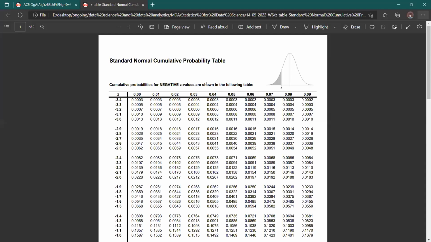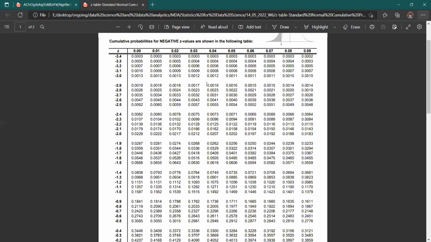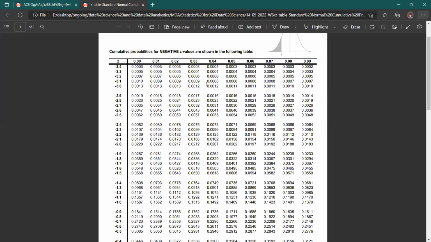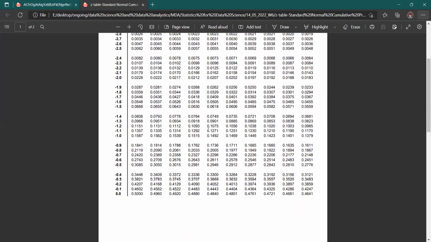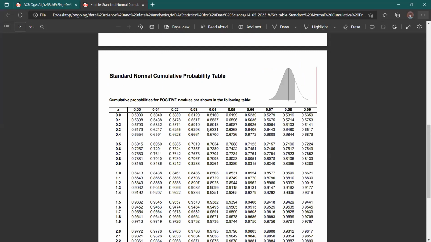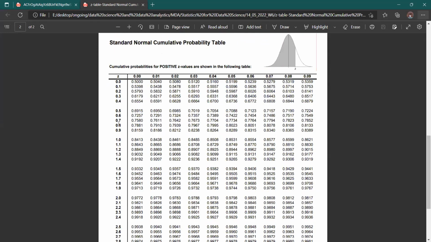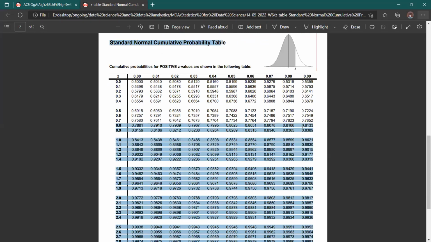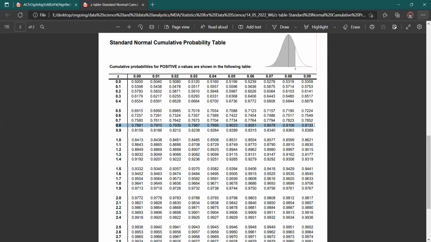This is the table. 0.88 or 0.89, 0.89 we want to find. 0.8 this one, 0.89 is 0.8133.